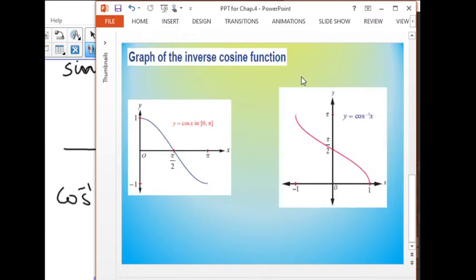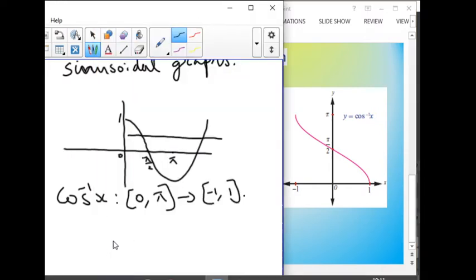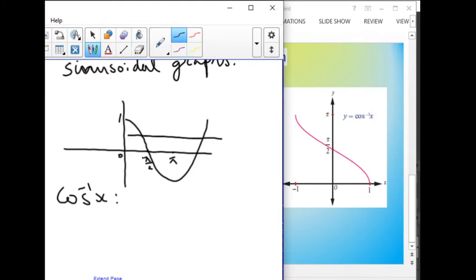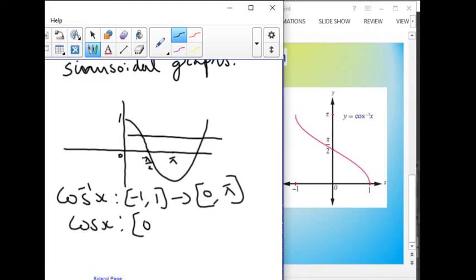Therefore, cosine maps 0 to pi onto minus 1 to 1. So this is 0 comma pi to minus 1 comma 1, and cos inverse goes from minus 1 comma 1 to 0 comma pi.